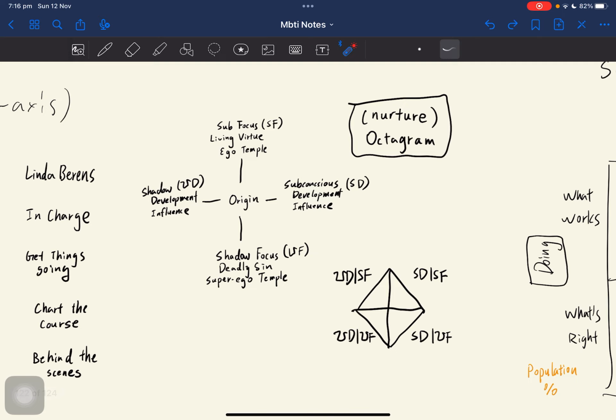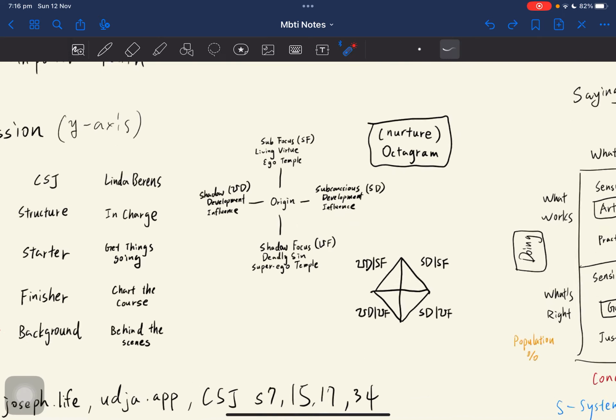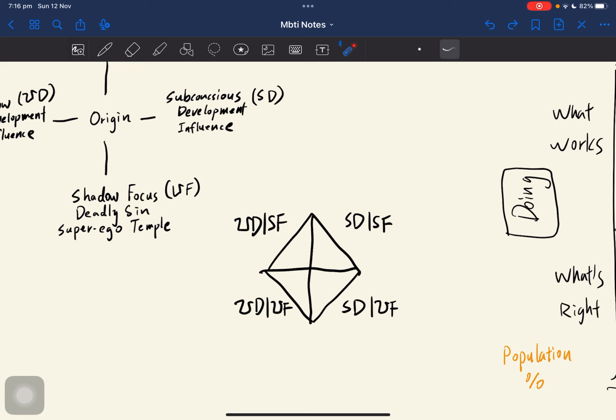Or if you are very organized and very particular about the details, very meticulous, then maybe you are subconscious development and unconscious focused.